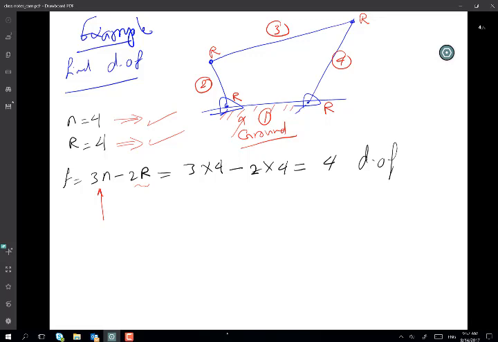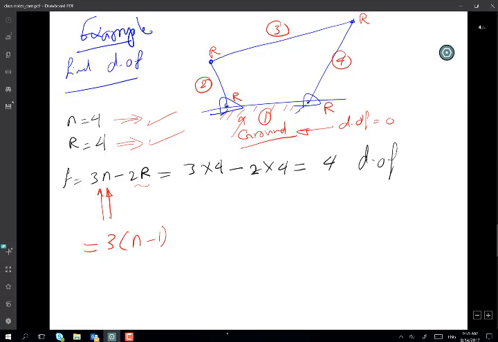Now, this ground does not actually move, so the degree of freedom for the ground is equal to 0. When I multiplied by 3 here, I accounted 3 degrees of freedom for the ground. So I need to go back and deduct the ground from my calculations. So I need to say 3 times n, but take away the ground from n.